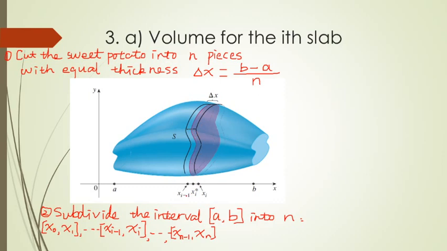Then in the ith subinterval x(i-1) to xi, we can choose xi star, which is the sample point again, okay?